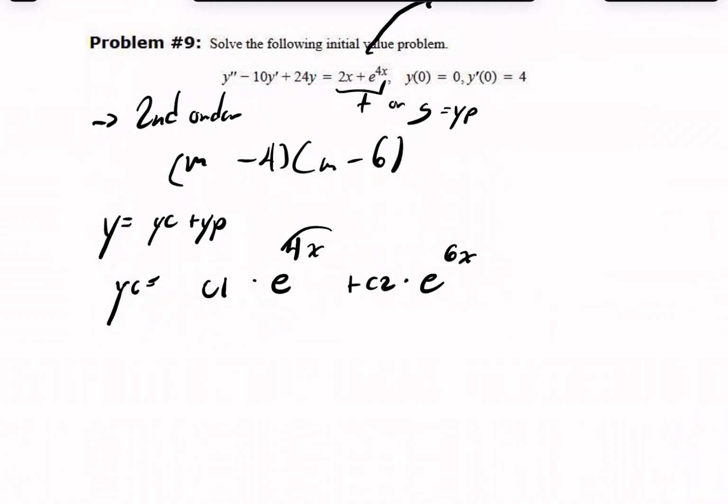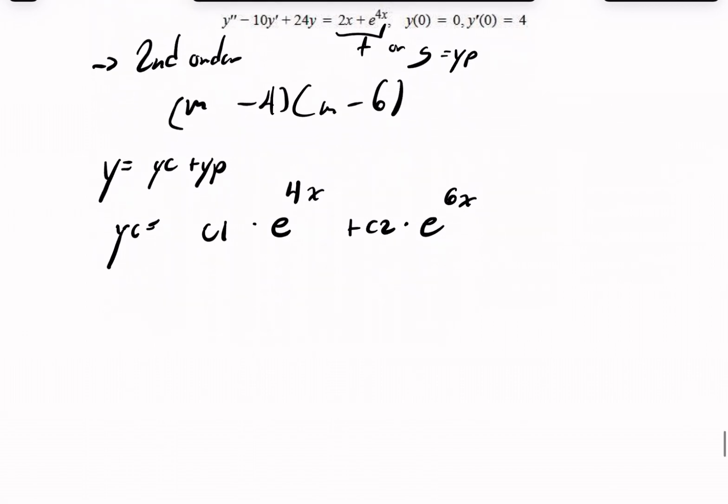You see how this e to the 4x is repeated here? It's repeated right there. So what we're going to do is add the x to this. When we solve each of the equations separately and suggest our solutions, we have to consider that x as an extension of e to the 4x, so we don't repeat the same solution.